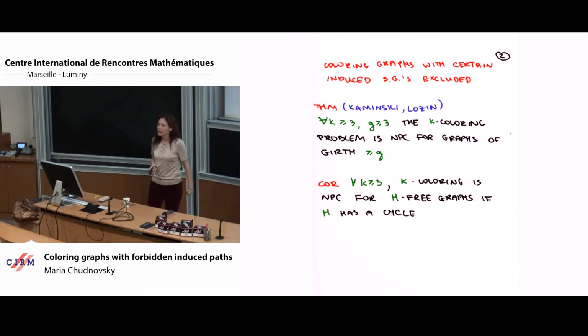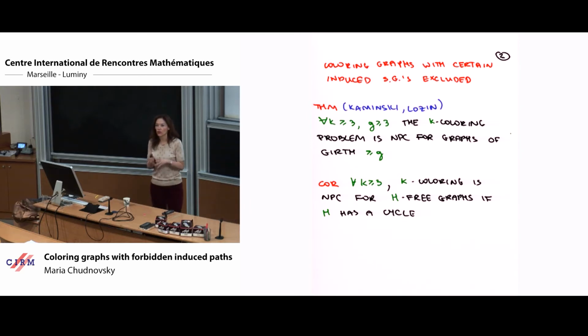First of all, Kamiński and Lozin proved that it's NP-complete to k-color graphs of high girth. Even if I promise you that the input has high girth, the problem of k-coloring for k at least 3 remains NP-complete. And what does it tell you about trying to make the problem easier by excluding an induced subgraph?